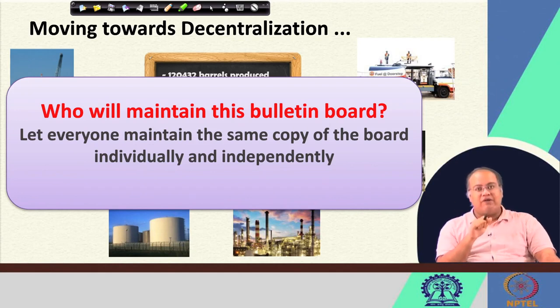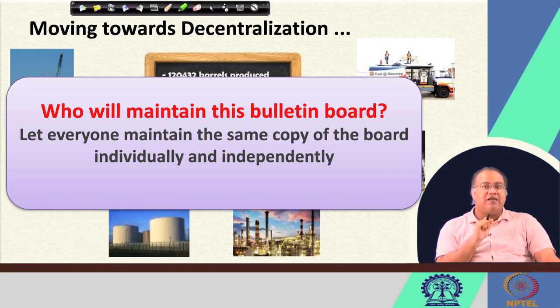Finally, one possible solution that we can maintain here is that we can say, let everyone maintain the same copy of the board individually and independently. What does it mean?